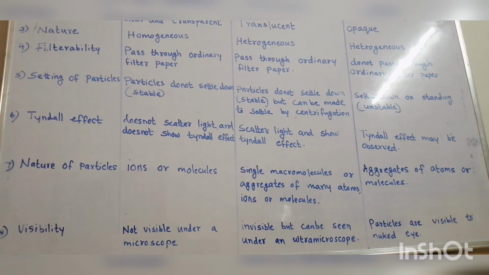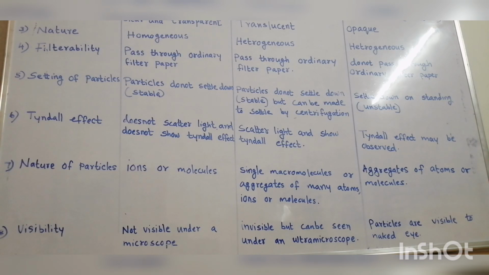Ions or molecules are present in a true solution. In a colloid, a single macromolecule or aggregates of many atoms, ions or molecules are present. Single macromolecules are present in some polymers and also in protein.